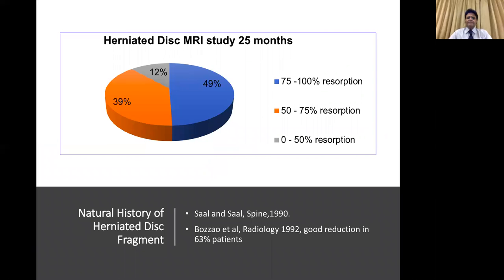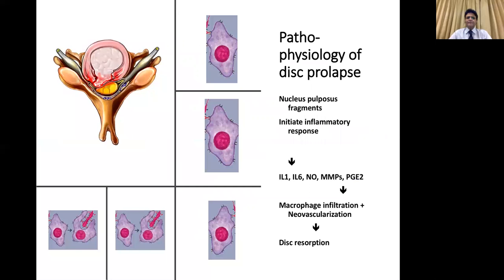75 to 100% resorption in 49% of situations. 50 to 75% resorption of the disc in 39%, which means that the majority of discs would reduce, if not totally shrink and disappear, in a very, very short period of time.